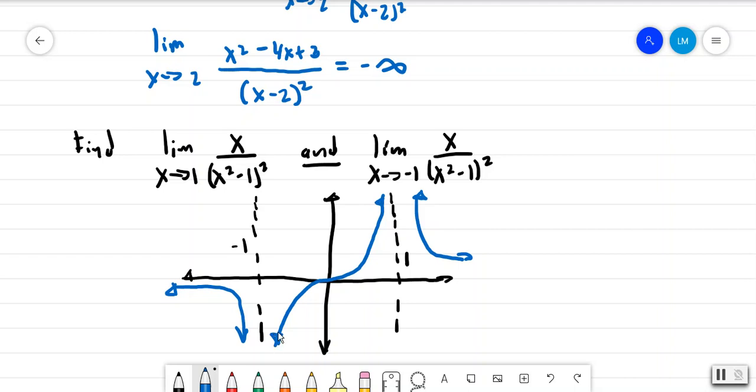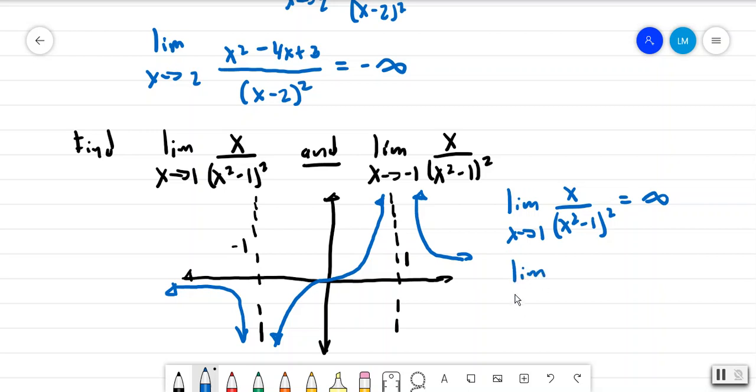Okay, so if we look at the graph of the equation, we can see that for the limit as x approaches 1 for x divided by x squared minus 1 squared, it's going to be positive infinity. Why? Because as x approaches here, it goes to infinity, and as x approaches here, it goes to infinity.